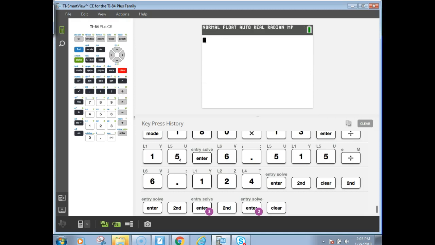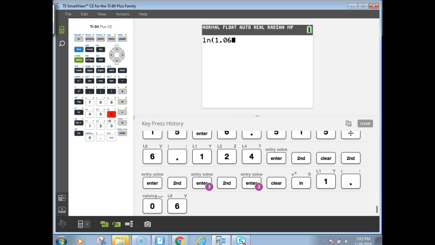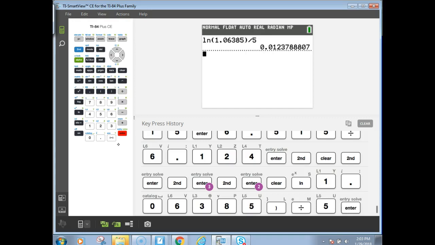But anyway, natural log of, and I can type it in. I was going to show you how you could type it in without having to type all of the numbers. You could have put it in using that second negative key and put your answer in. I think I rounded to 5 right here, didn't I? Just for everybody to have the same thing. Don't forget to close that parenthesis before you hit divide by 5, or hit enter first and then divide by 5.